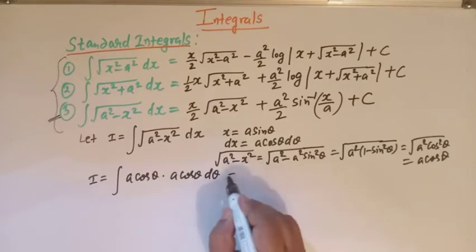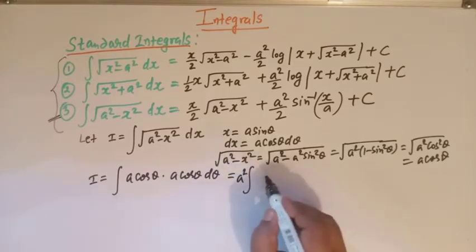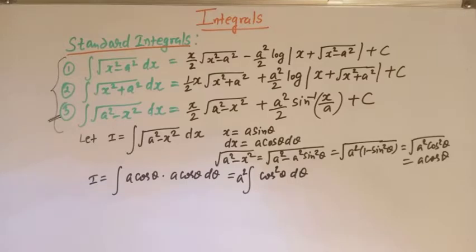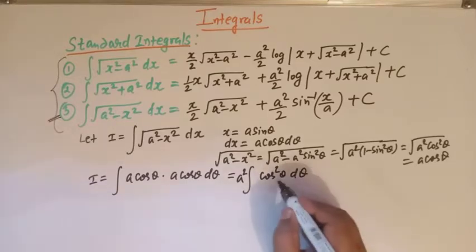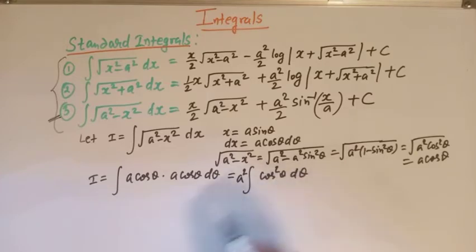Clear? Now we can take a square outside the integral, and we have cos square theta d theta. Here we'll make use of the identity for cos square theta.